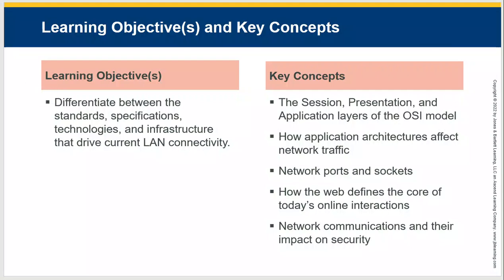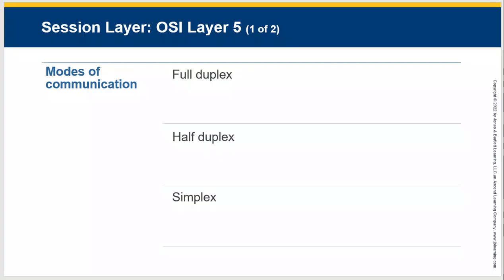And so a little bit of communications. Now, this doesn't really have to do with the OSI layer 5. The modes of communication that we're going to be using to get our information from point A to point B is going to be primarily full duplex communication. That's what all of our Ethernet communications are today.